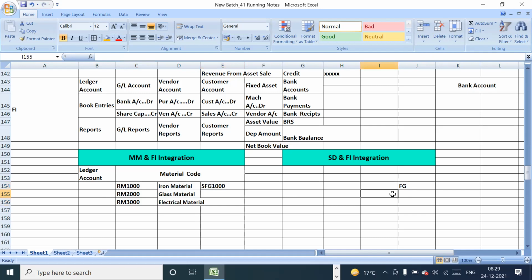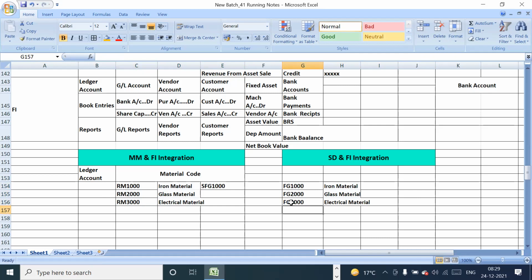And here, when you go to the SD module, we can create the finished goods materials. Tell me someone, what finished goods materials can we create?